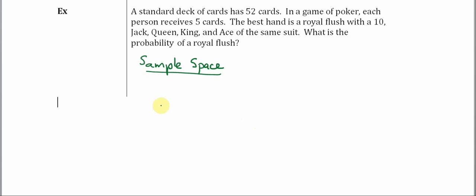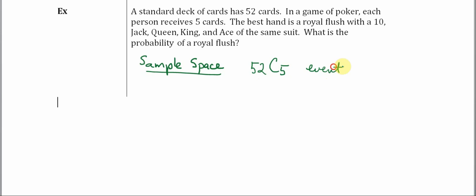When we say that we get a hand of 5 cards, it comes from a deck of 52. And the ordering doesn't really matter, right? Whether you get an ace first or a jack first doesn't matter as long as you have the same 5 cards. So there are 52 choose 5 events in the sample space.